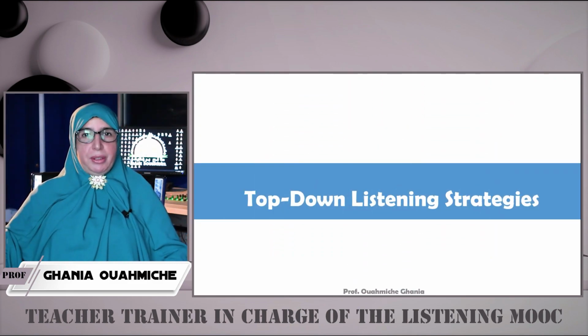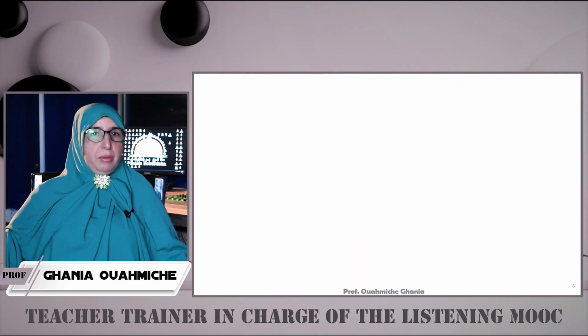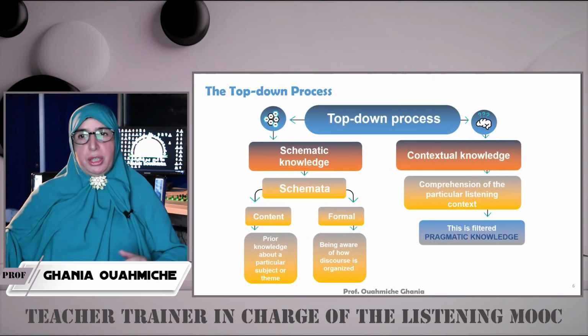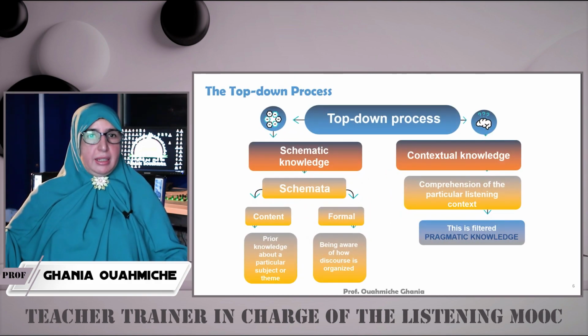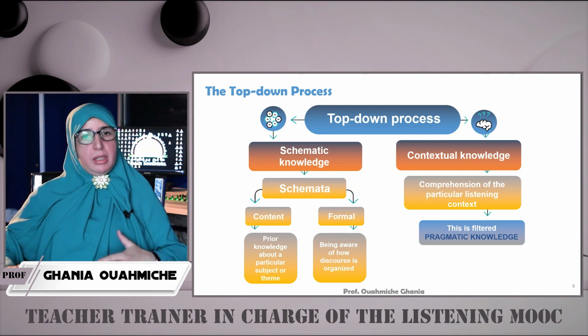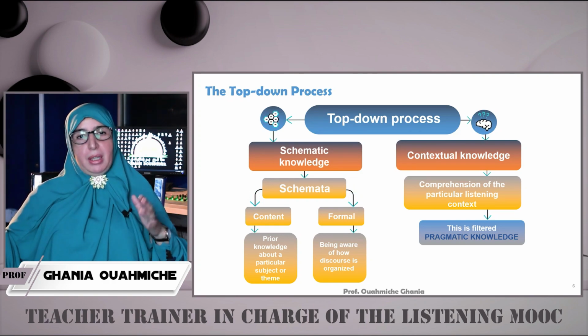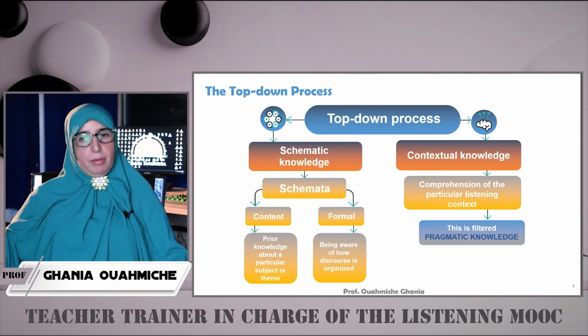The top-down process is divided into two main parts: schematic knowledge and contextual knowledge. As far as schematic knowledge is concerned, it is basically rooted in schemata or prior knowledge. The schemata concern content, whereas the other part is rather formal.